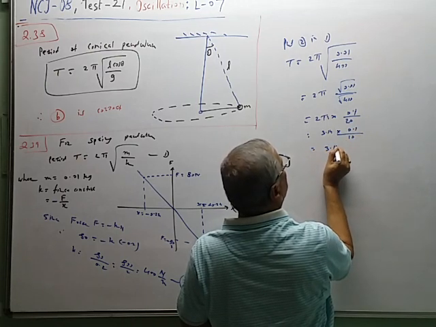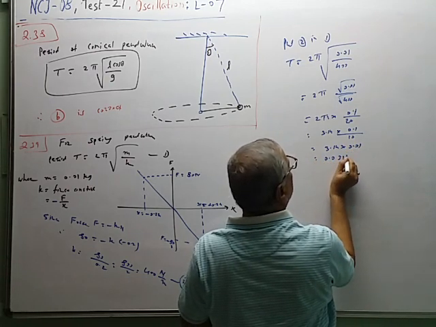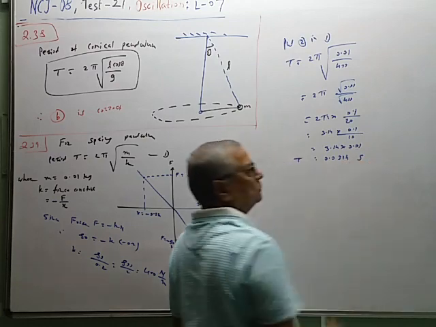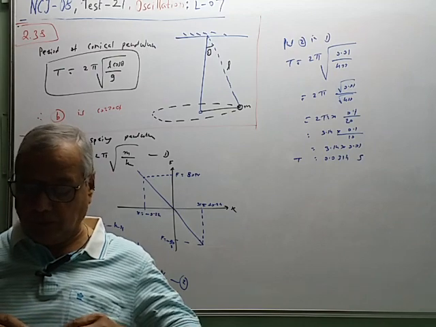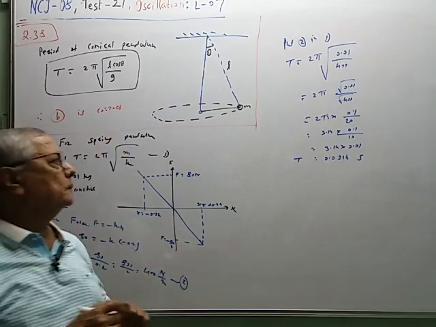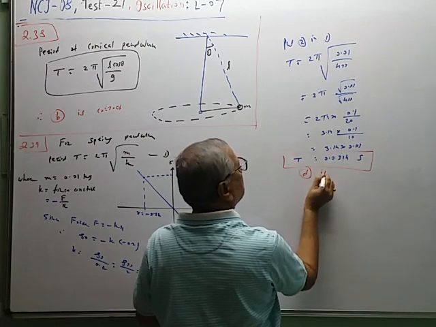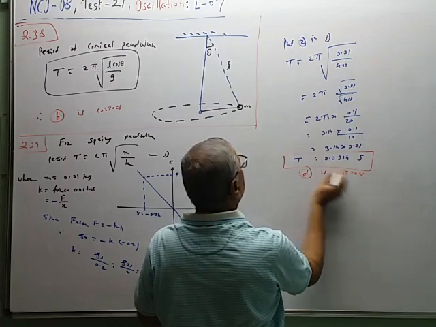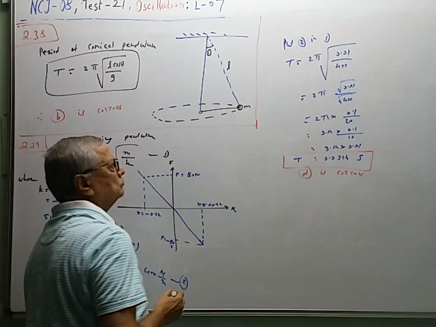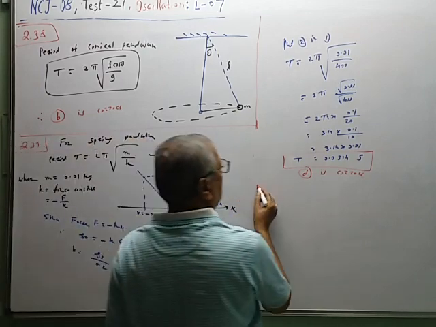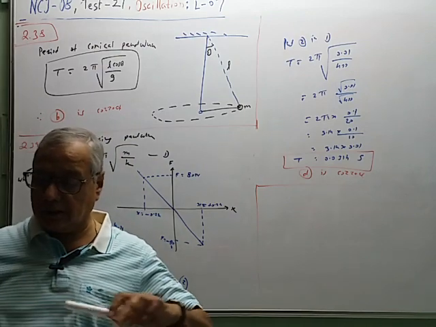So 3.14 multiplied by 0.01, that is equal to 0.0314 seconds. So the period of oscillation will be equal to this much. So D choice is correct.